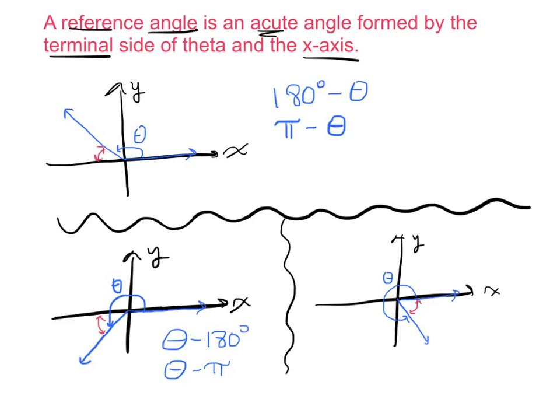And the way we can find that is by taking the entire rotation and subtracting out the angle, or that would be 2 pi minus theta. So in order to find a reference angle, you need to first determine in what quadrant that angle terminates, and then subtract accordingly, either 180 minus theta, theta minus 180, or 360 minus theta.